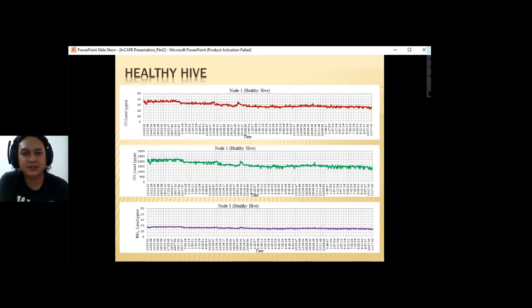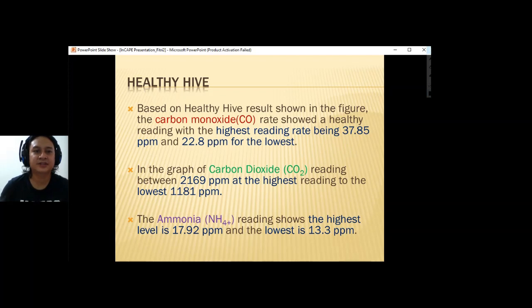The healthy hive graph for CO, CO2, and NH4: CO shows the highest reading of 37.8 ppm, and the lowest is 22.8 ppm. For CO2, the highest is 2169 ppm and the lowest is 1181 ppm. For ammonia, NH4, the highest level is 70.9 ppm and the lowest is 13.3 ppm.